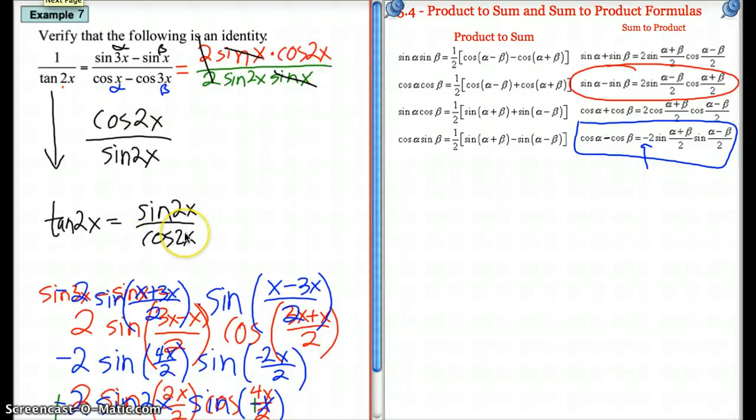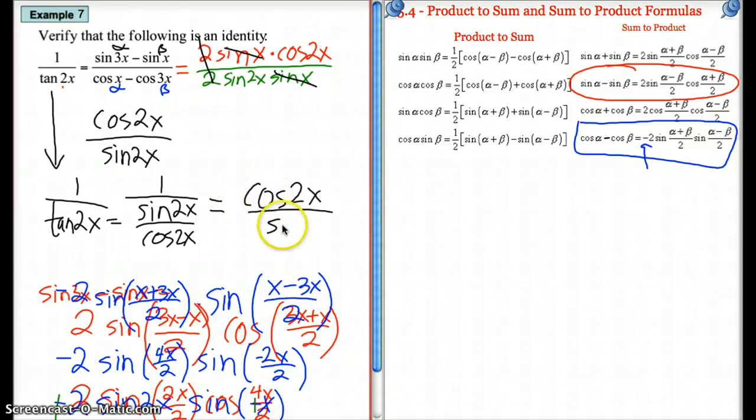So if we want to do the reciprocal, it will equal cosine of 2x over sine of 2x. So we've essentially met in the middle because we changed tangent over to this, and we had the right-hand side changed to that. So we have verified this identity.